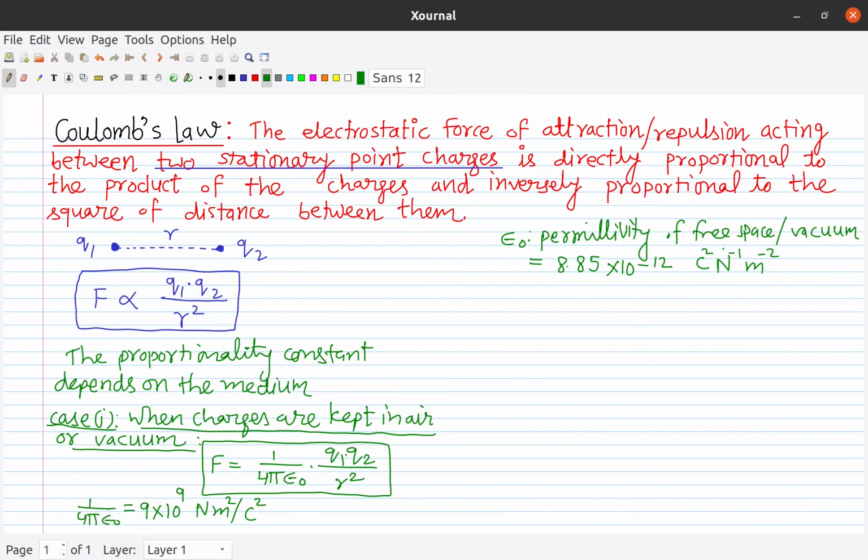So this epsilon naught is the permittivity of free space or vacuum. This is the maximum amount of force acting between two charges when they are kept in air or vacuum.